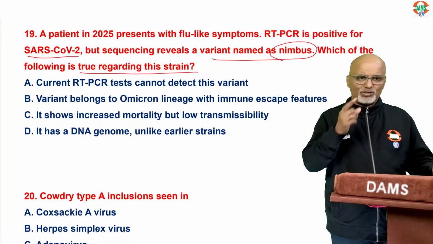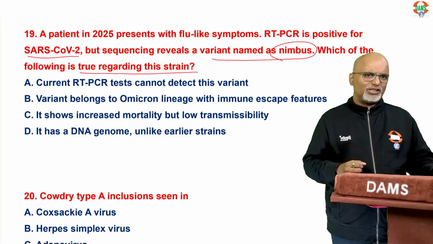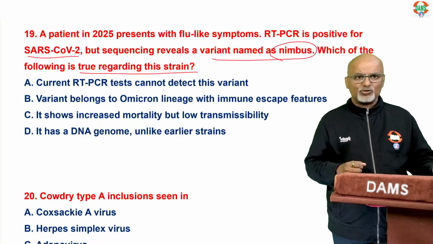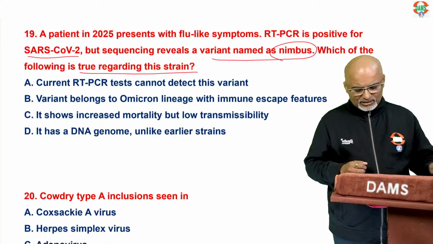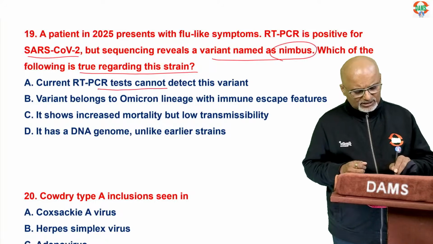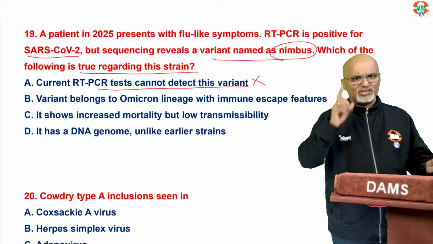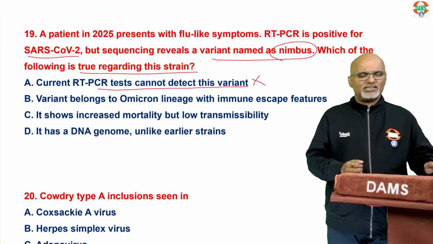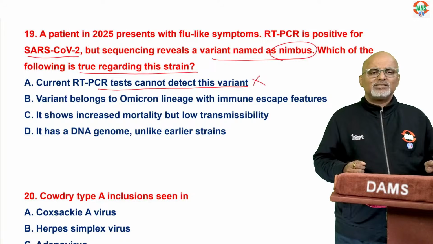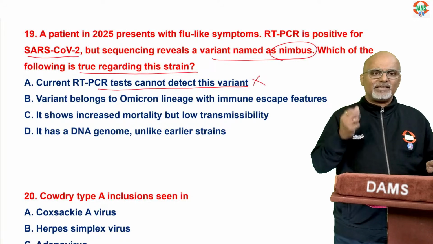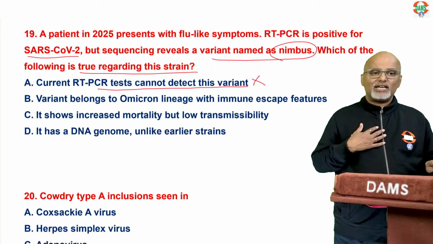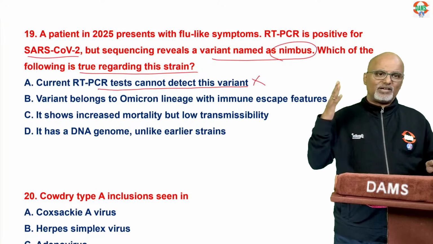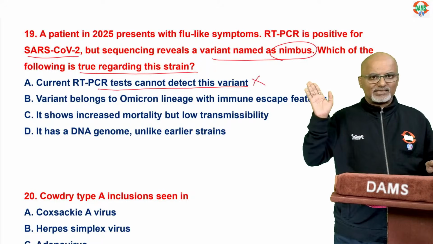You just see one video I have posted in the group, a 20-minute video about latest updates on COVID-19. Option: current RT-PCR test cannot detect the variant. No, it will detect, because it's a spike protein variant of Omicron. We are detecting nucleocapsid and envelope, not spike protein, so don't worry, our PCR kits will detect.